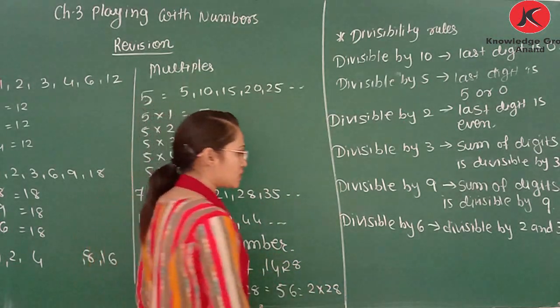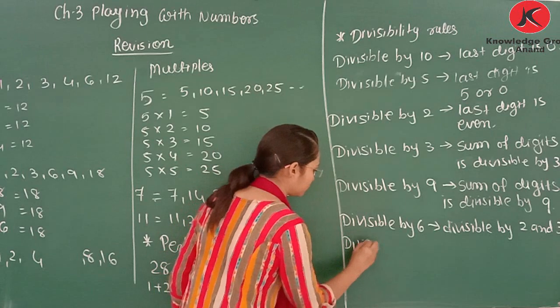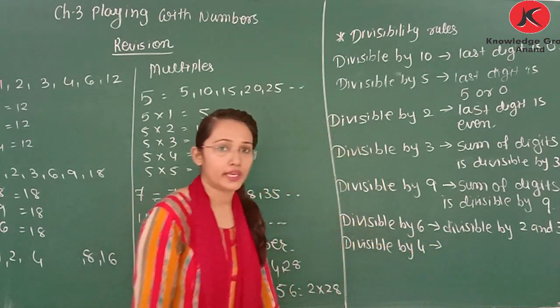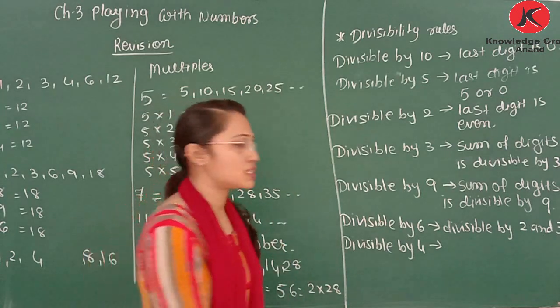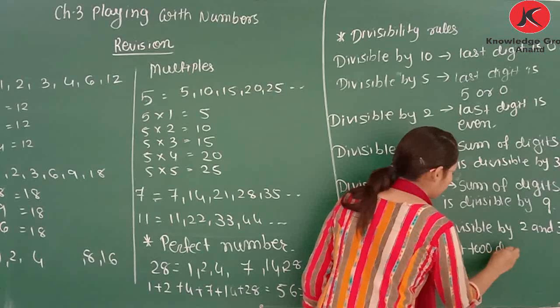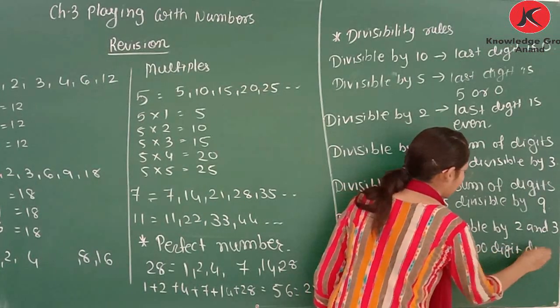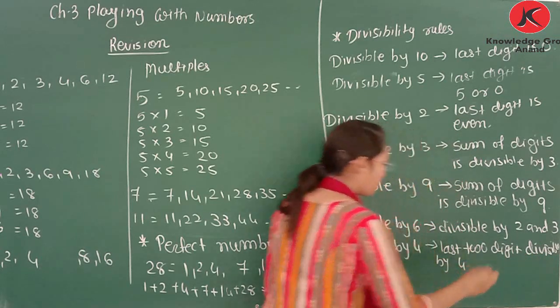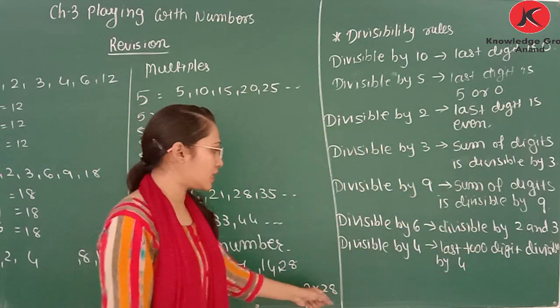After that, we learn divisibility by 4. Which numbers are divisible by 4? If the last 2 digits are divisible by 4. So you can write the last 2 digits. Which number after that?